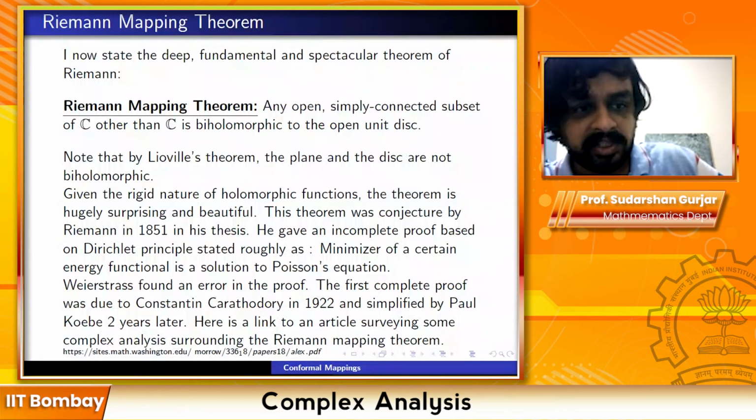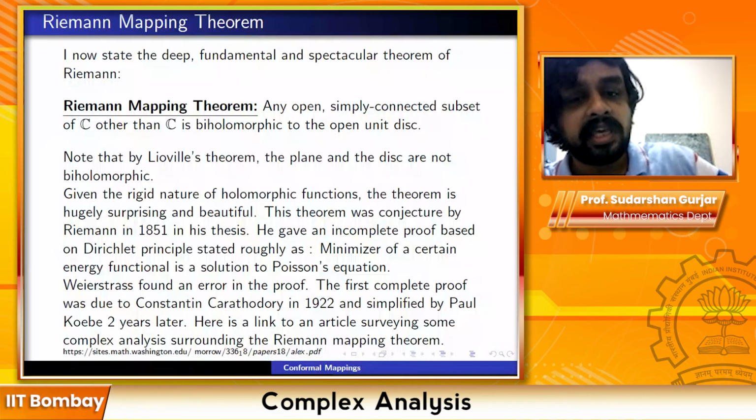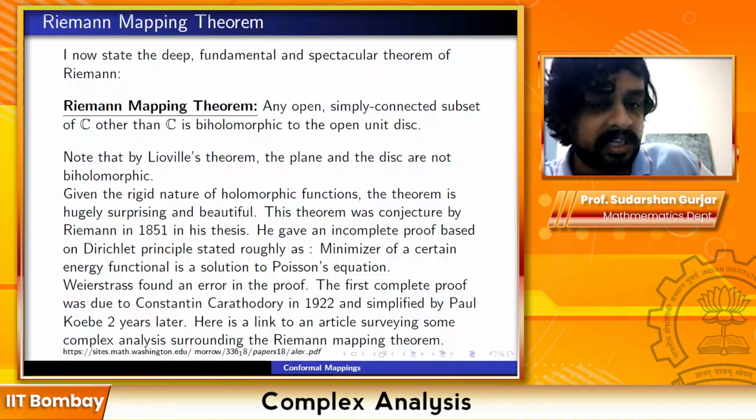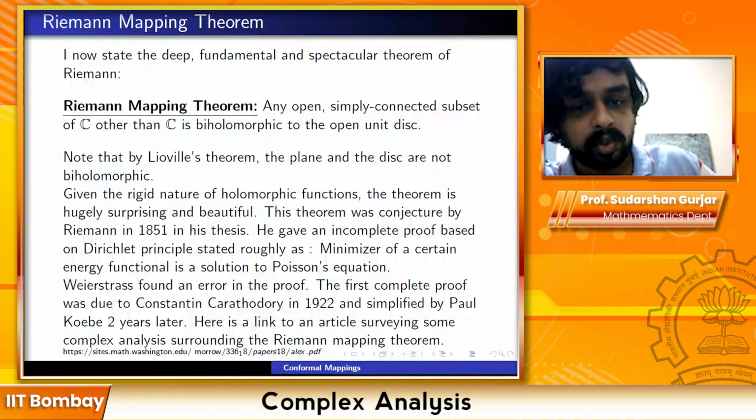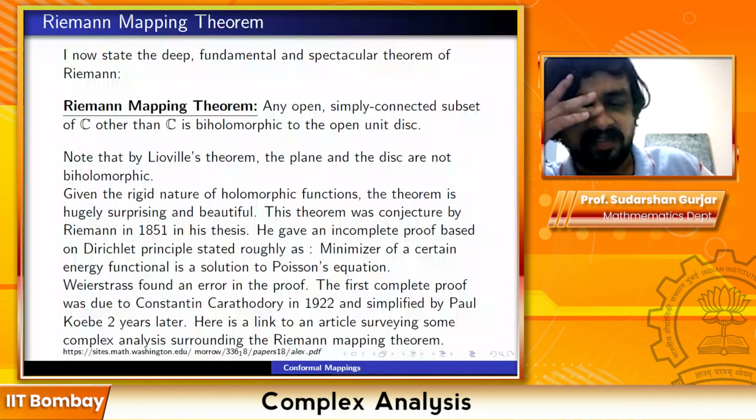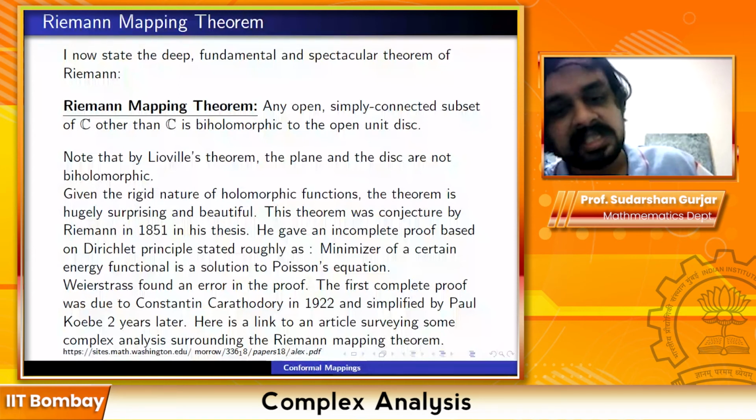So this theorem was conjectured by Riemann in 1851 in his thesis. He gave an incomplete proof based on the Dirichlet principle, which stated roughly that the minimizer of a certain energy functional is a solution of the Poisson equation. I should confess I don't understand what this really means.